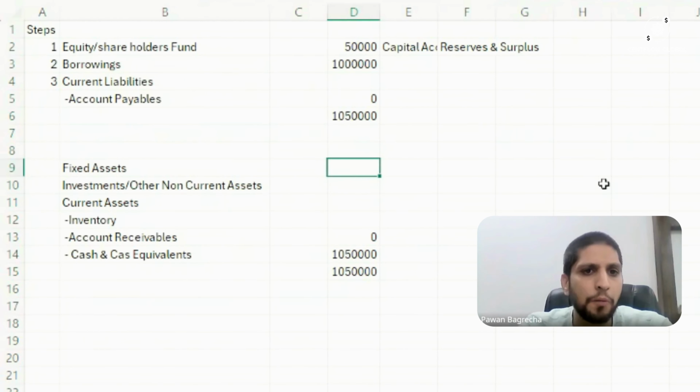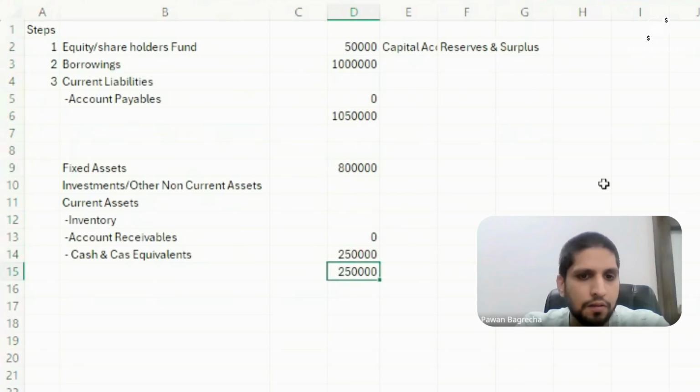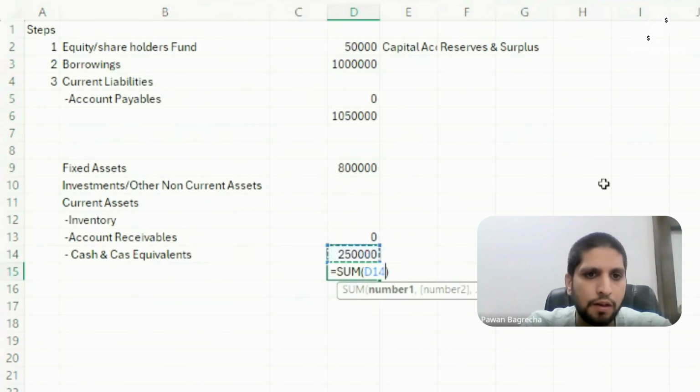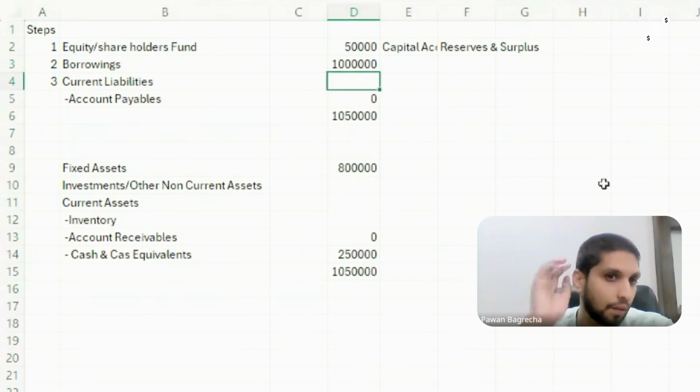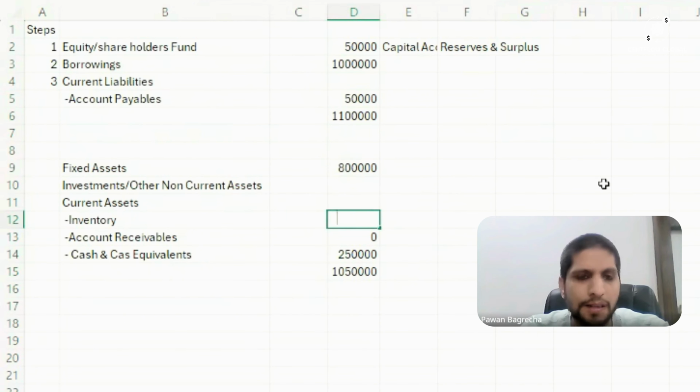Now we have purchased some fixed asset, for example for 8 lakh rupees. The cash and cash equivalents will reduce by 8 lakh rupees as we have paid for it. Then we again purchase some goods for 50,000. The accounts payables get 50,000, and the same remains as inventory.